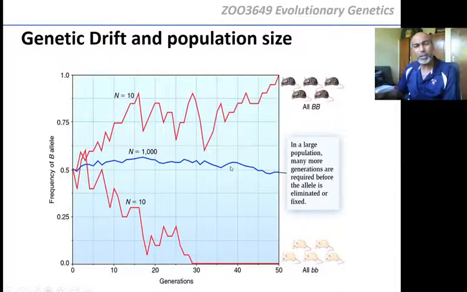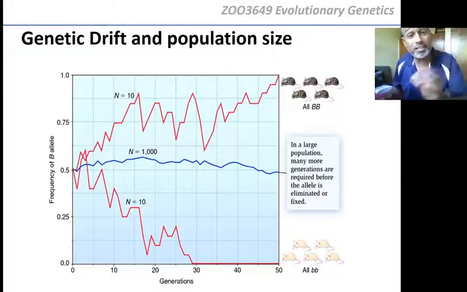It's having an effect, but it's not a big effect. After 50 generations, you still have both big B and small b in that population because the size is 1,000. When the size is 10, you will never get a situation where you can go for more than 50 generations and you still have both alleles. Genetic drift will get rid of one of them.